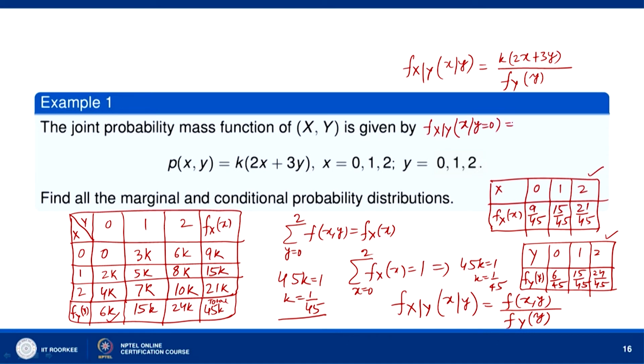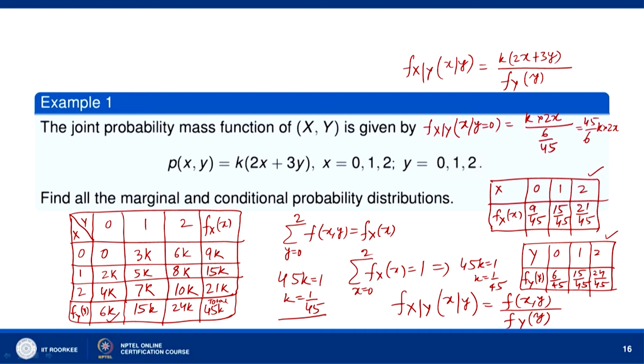So y equal to 0 means we have k times 2x in the numerator, and y equal to 0 means f(y) is 6 over 45. So this is equal to 45 by 6 into k into 2x.